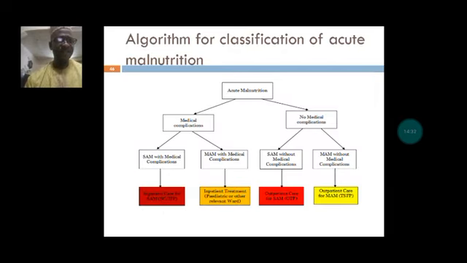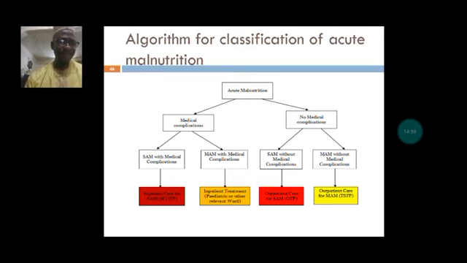Now let us look at the algorithm for classification of acute malnutrition. Acute malnutrition might have a medical complication, or it might not. It can be severe acute malnutrition with medical complication, or it can be moderate acute malnutrition. It can either be SAM or MAM.